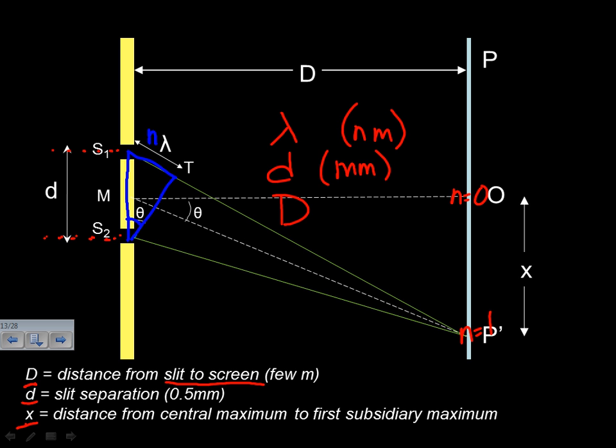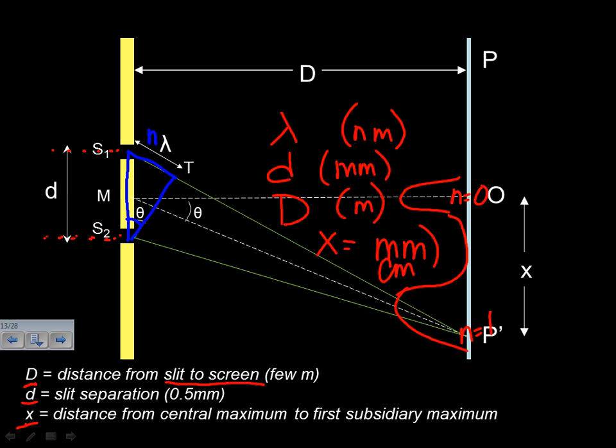Your length or the distance to the screen is usually in meters, and then your fringe separation, and by the way, the fringes, those are your maximums. Okay, the distance from one fringe to another would be, I think it's usually in millimeters as well, or centimeters, either one. So just really be careful with your prefixes. Make sure you don't have any conflicts. Convert to meters is what I like to do.